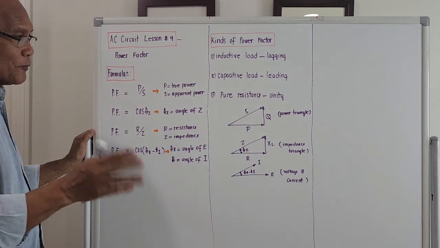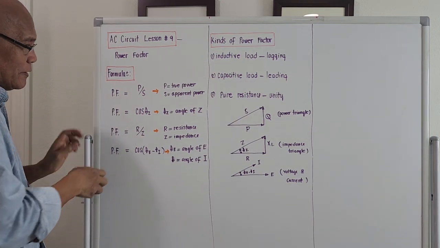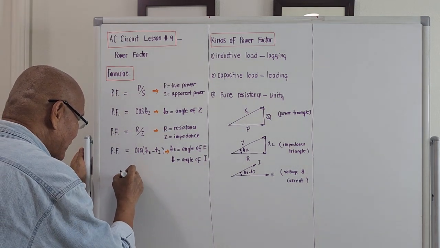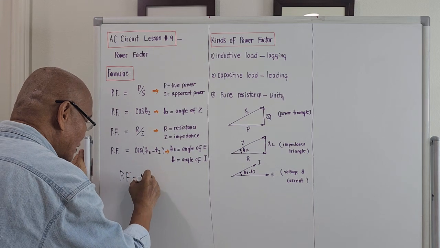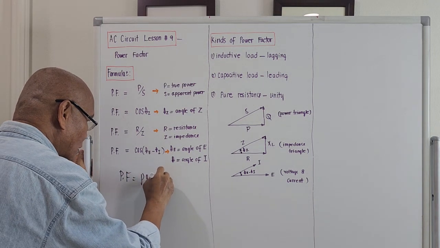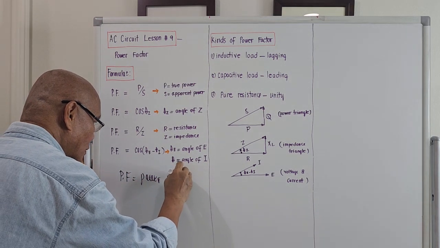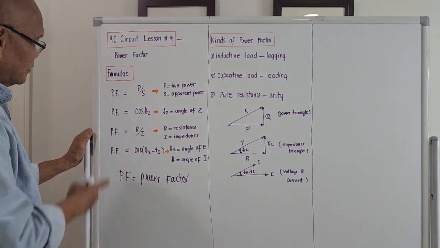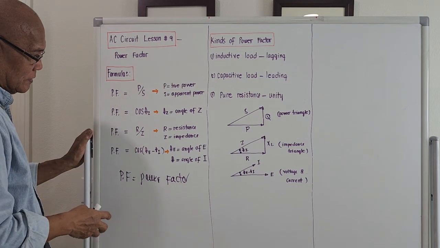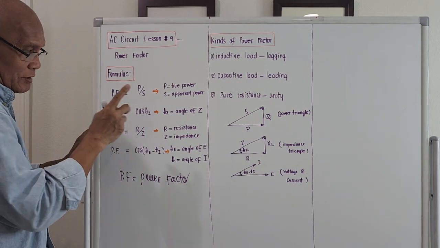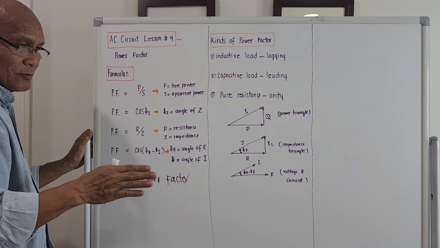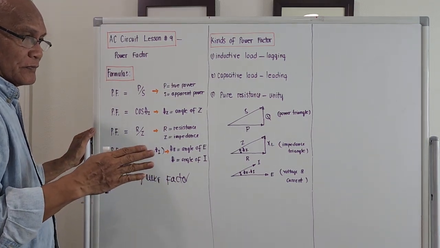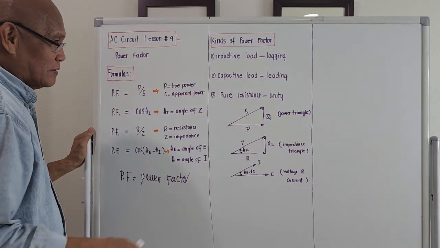Let's proceed with the formula and how to bring out power factor. There are actually 4 formulas. PF is power factor. Power factor, this is the one they're always using.